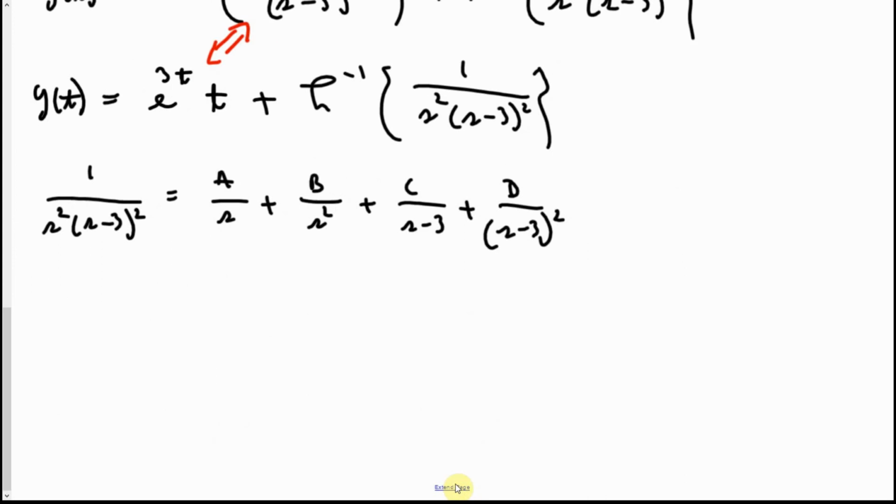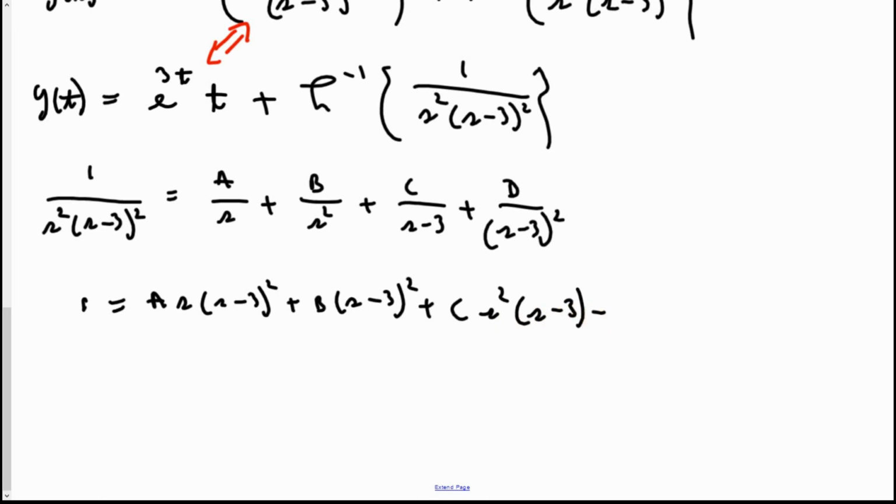Multiply both sides by the least common denominator, so you end up with 1 equal to A times (s minus 3) squared plus B times (s minus 3) squared plus C times s squared times (s minus 3) plus D times s squared.